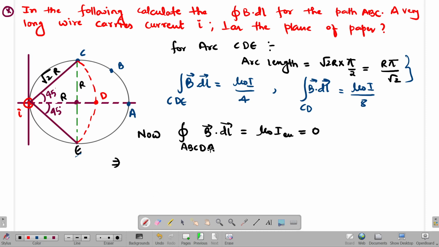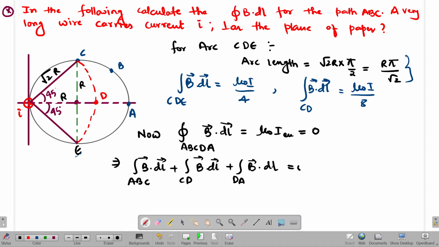But what is integral B dot dl for ABCDA? It is nothing but integral ABC B dot dl plus integral CD B dot dl plus integral DA path B dot dl, and that is equal to 0.